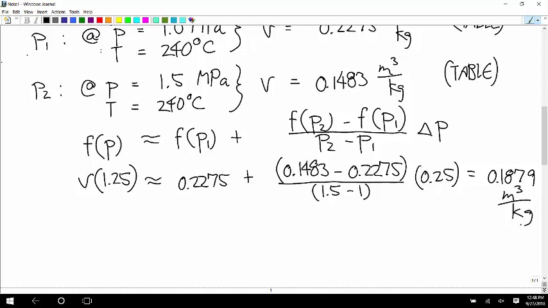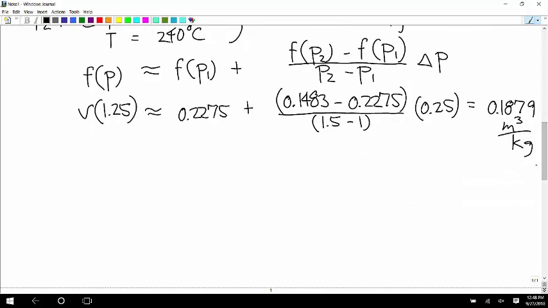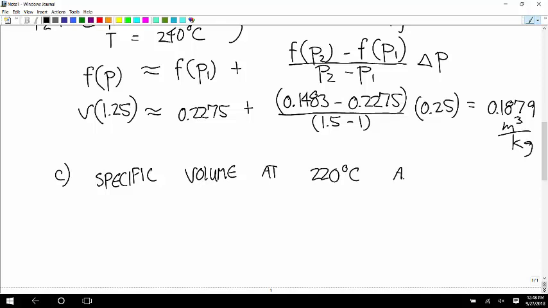Let's do part C. So part C, what's the specific volume at 220 degrees Celsius and 1.4 megapascals?